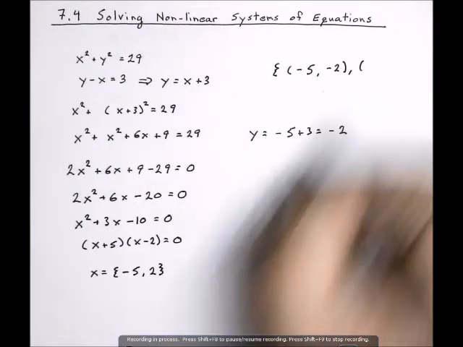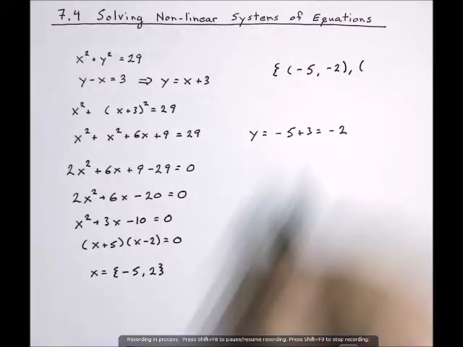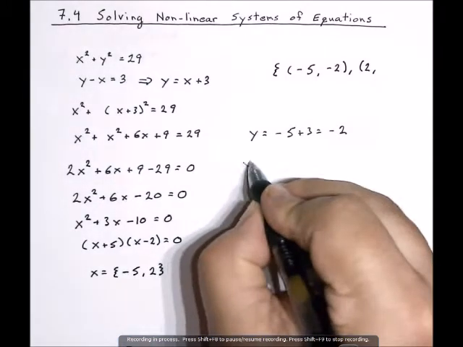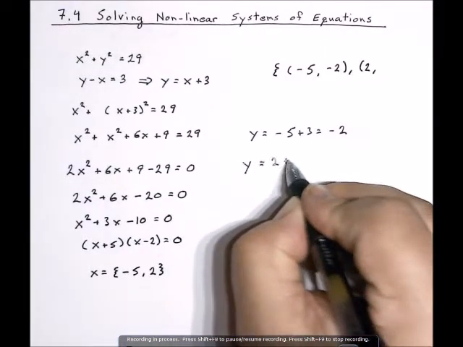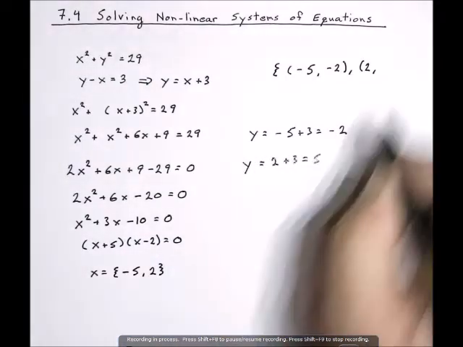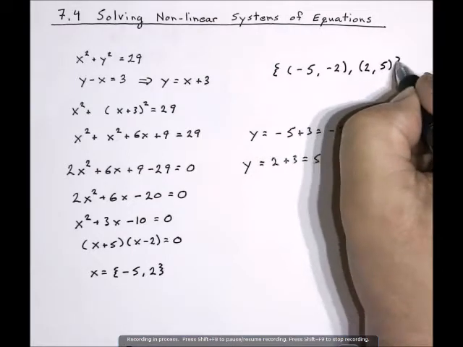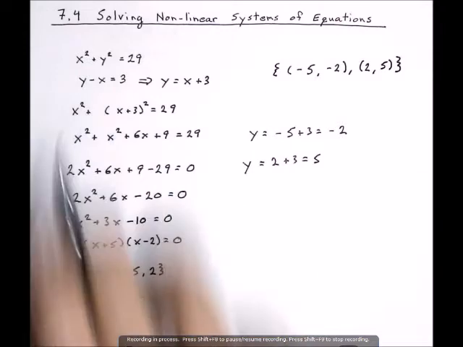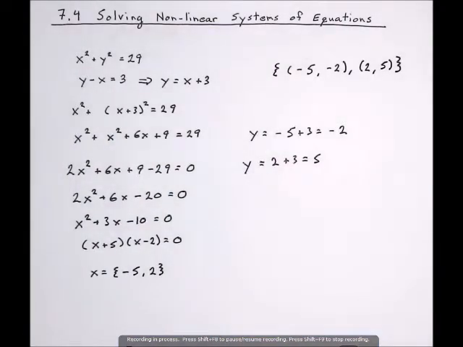That's one ordered pair. And the other ordered pair occurs when x equals 2. So let's see what happens there. So y equals 2 plus 3, or 5. And I found the 2 solutions to this nonlinear system of equations.